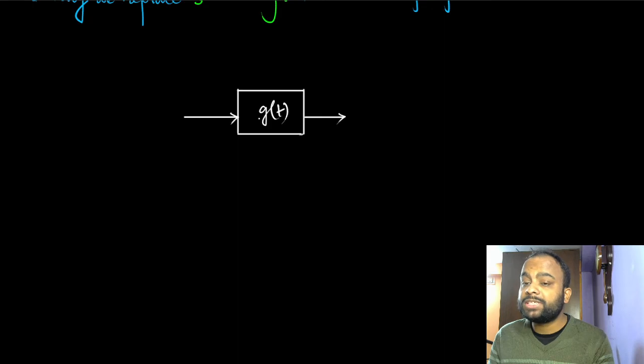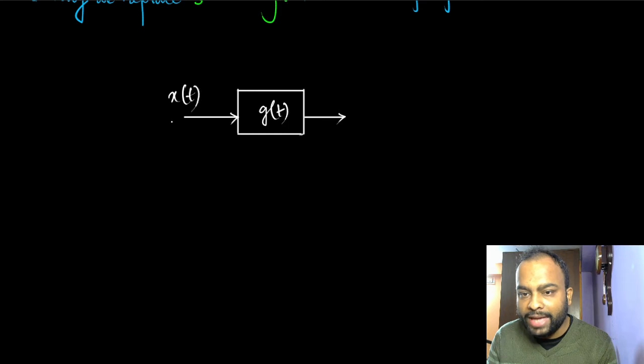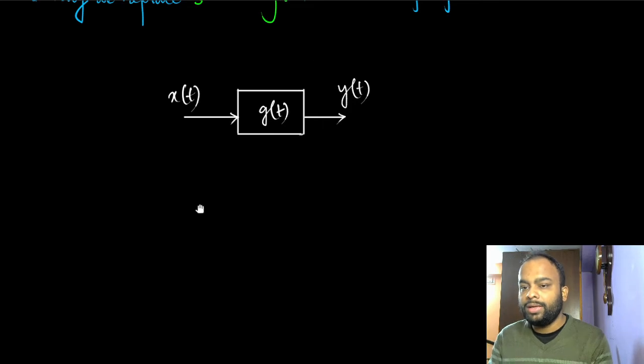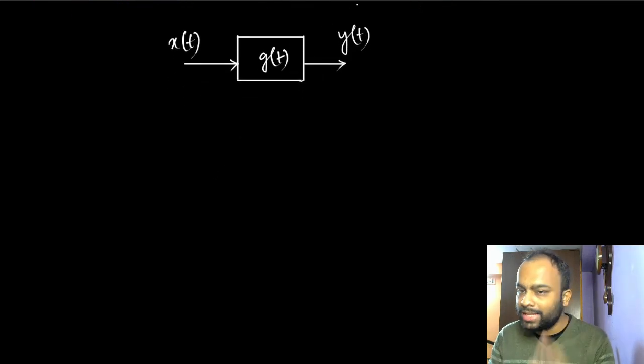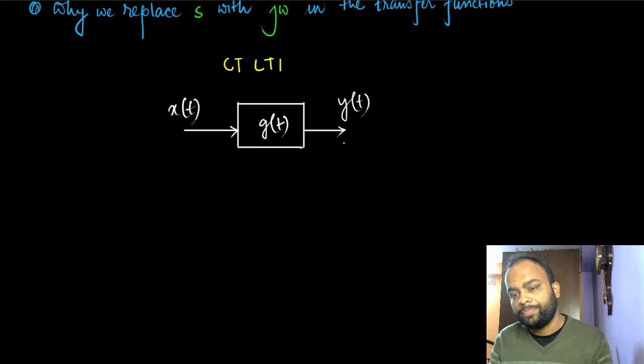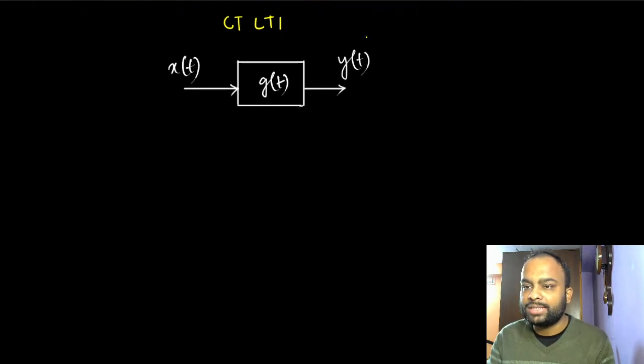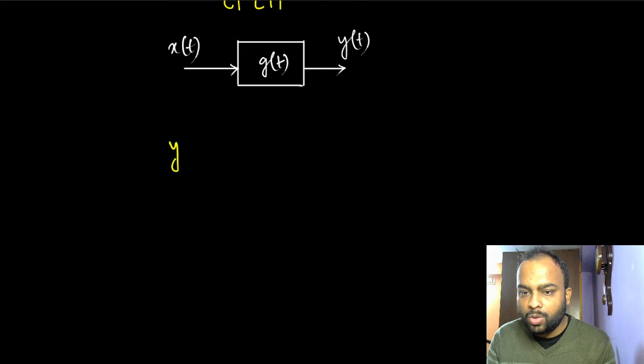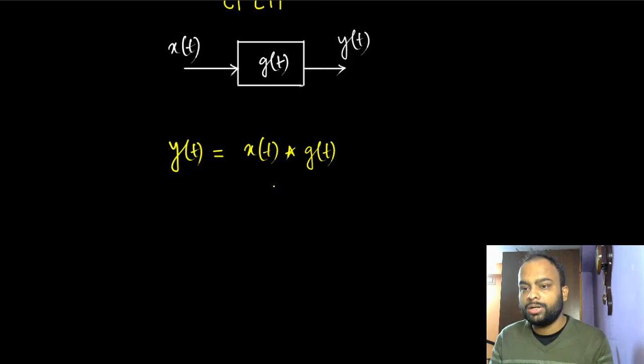Now, if the impulse response of an LTI system is g(t), and if I excite that system with any arbitrary input x(t), and for that input the output is y(t), then it can be shown that for this continuous time, linear time invariant system, the output y(t) is a convolution integral of the input signal and the impulse response.